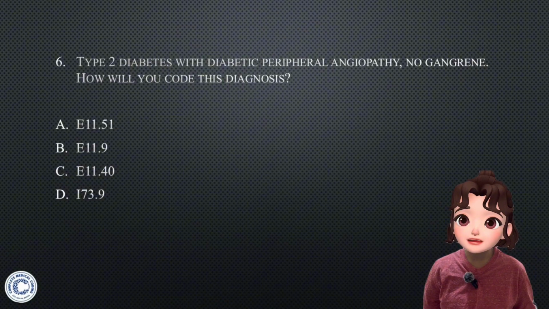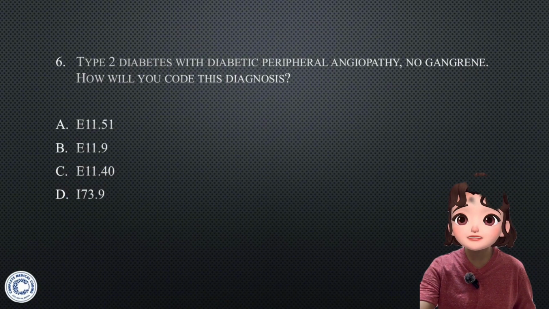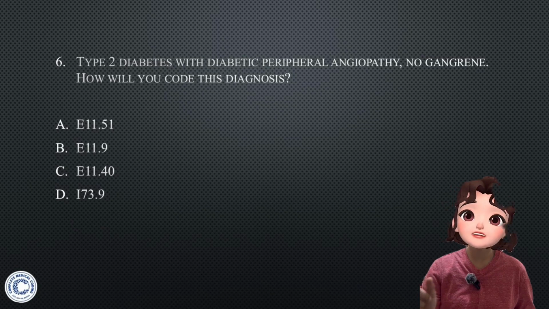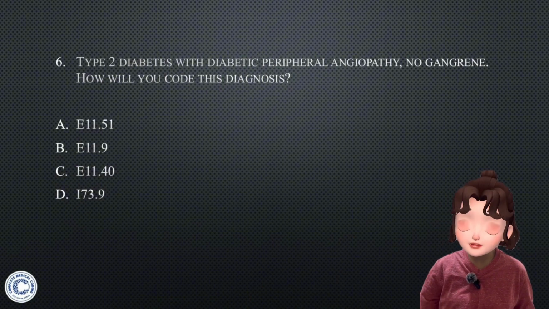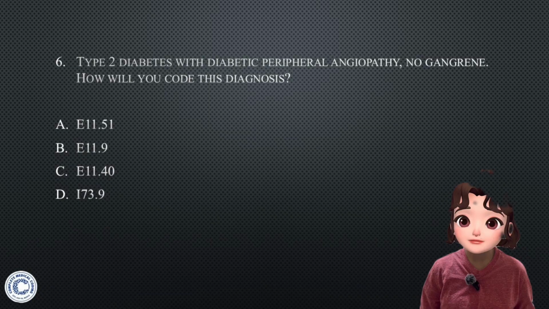Option B, E11.9, which is type 2 diabetes without complications. That is also correct, but we have a direct correct code. E11.9 is not correct because we need type 2 diabetes with diabetic peripheral angiopathy. That combination code we need, which we already got in the first option.